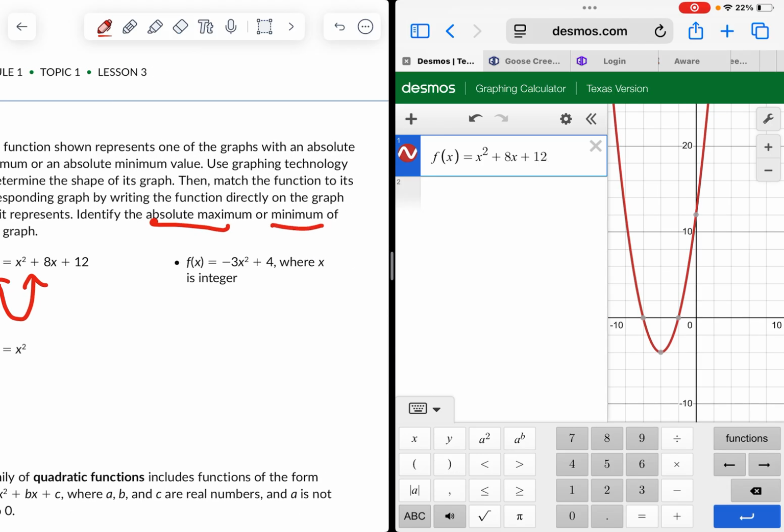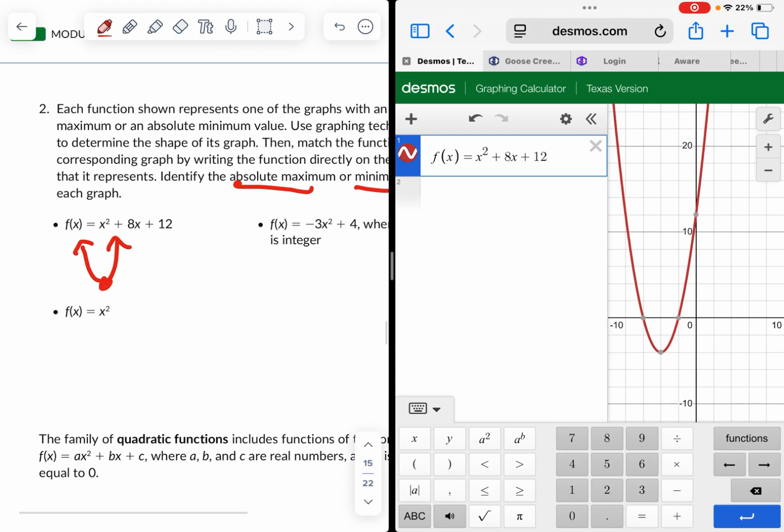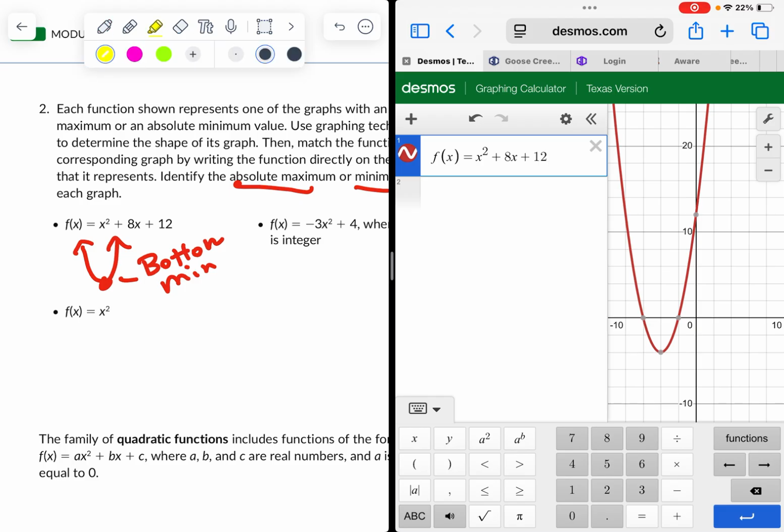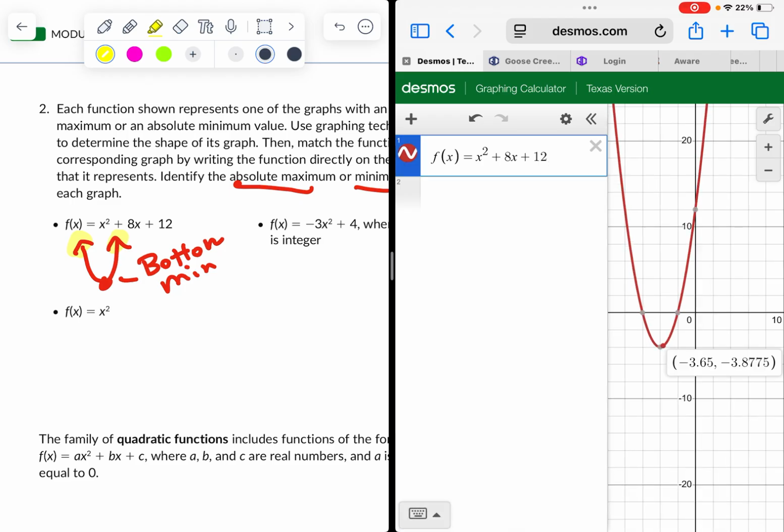Absolute minimum is when you have a bottom. If you can see the bottom, it is a minimum. Guys, you can't see the top. I know you might think you can see the top, but you can't, because arrows means it goes up forever. So you have no way, come over here and look at my Desmos screen.